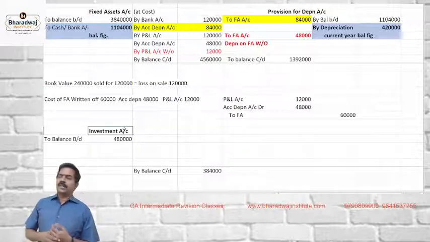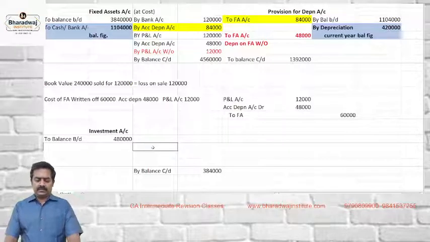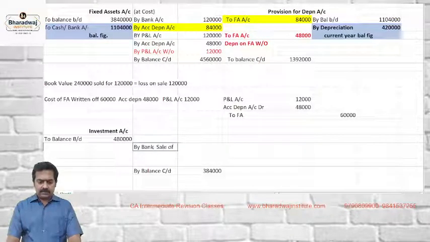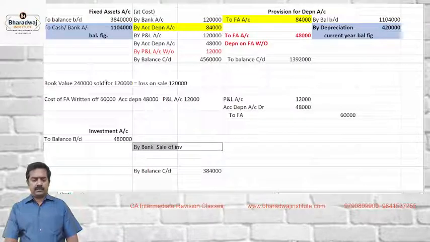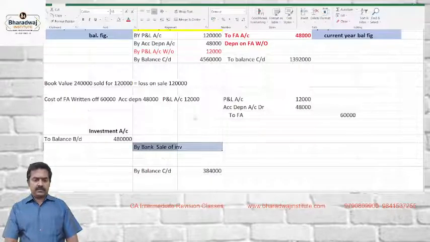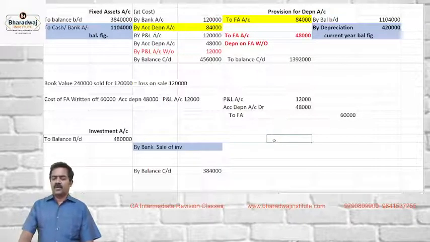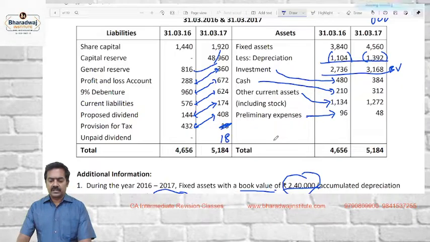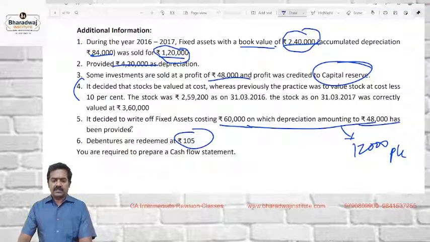Try to prepare investment account and tell me the sale. Look at what is given in the problem regarding investment. What is given regarding investment?